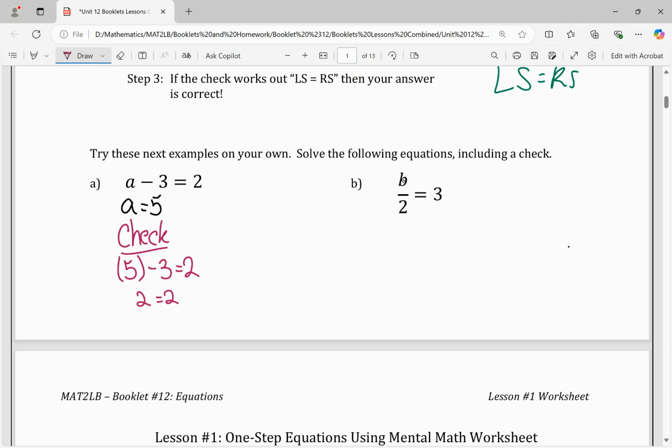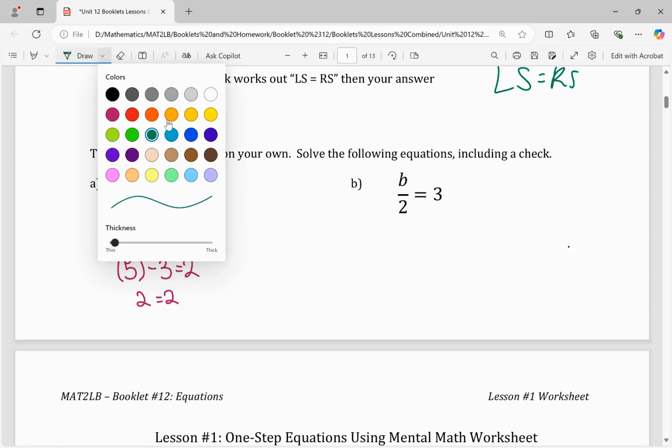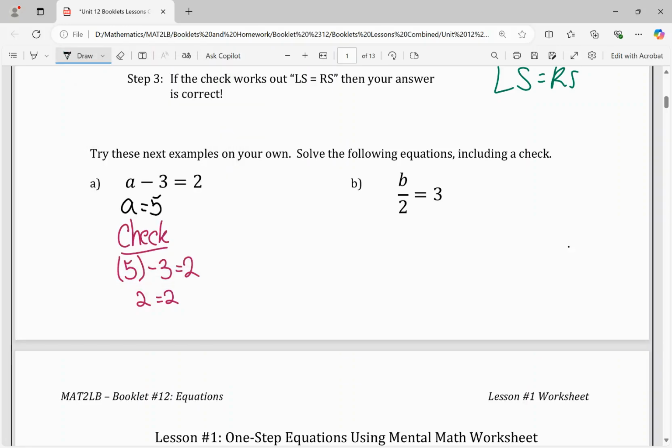This next one, b divided by 2 is equal to 3. So we need a number that when we half it is equal to 3. This one's a little bit tricky, but we know that b needs to be bigger than 3, because when we half it, it needs to become 3, and when you halve something, it gets smaller. So we need to start off bigger. Arguably, we need to start off twice as big, because then when you get half as small, you end up as 3.